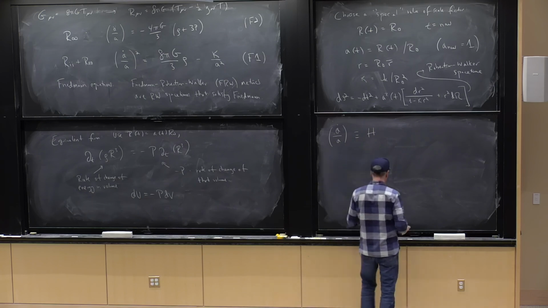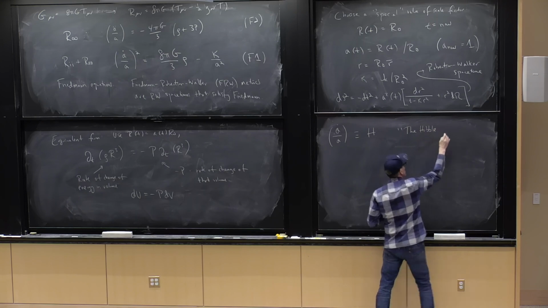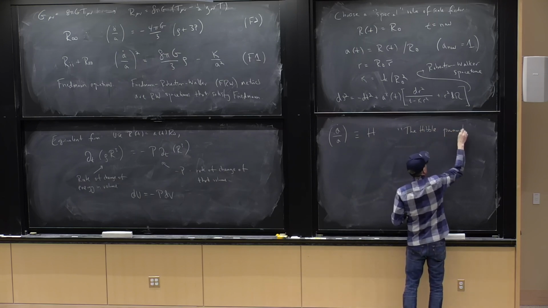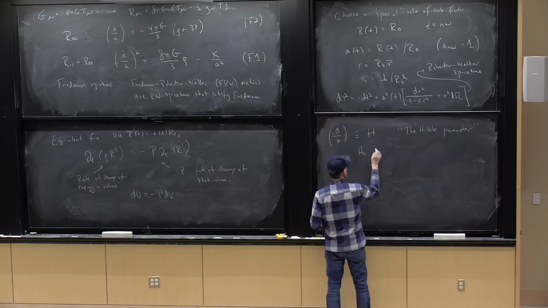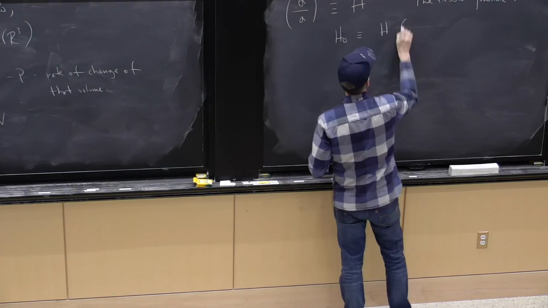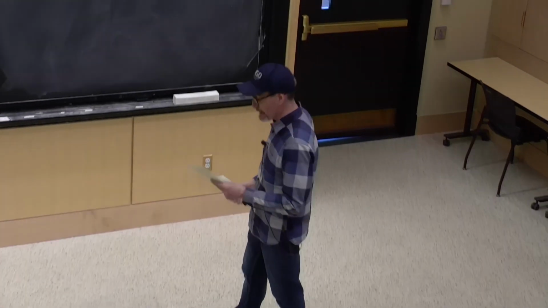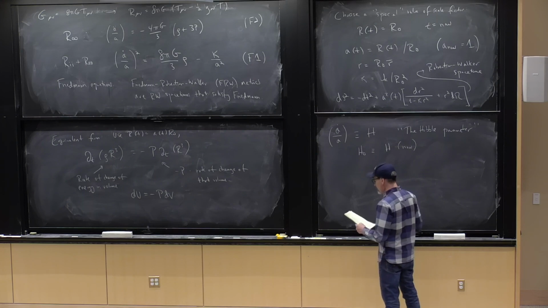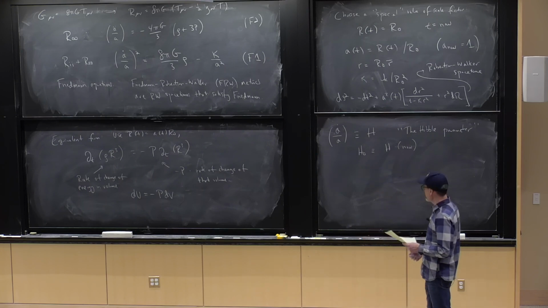This is denoted H and is known as the Hubble parameter. H0 is the value of H that we measure in our universe corresponding to its expansion right now. Okay? And the notes that I have scanned and placed online claim a best value for this of 73 plus or minus 3 kilometers per second per megaparsec. These notes were originally handwritten about 11 or 12 years ago. That number is already out of date.